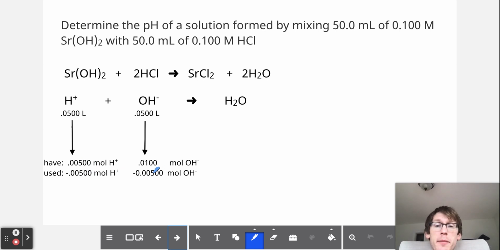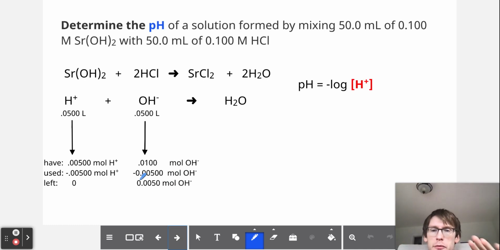So we use up about half the hydroxide that we have available. And what we find is that no H+ is left over, but there is some hydroxide left over. We subtract out the moles of H+, and that's the amount of hydroxide used to get to nothing on the H+, and we have excess hydroxide.